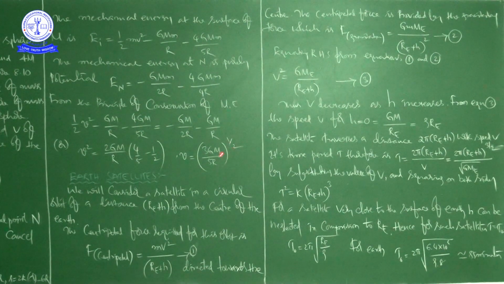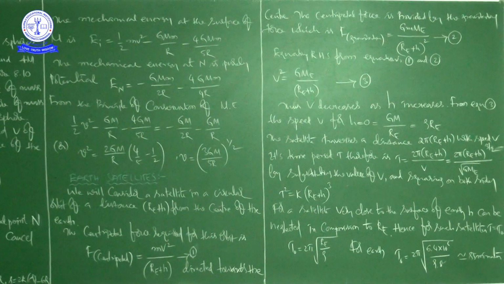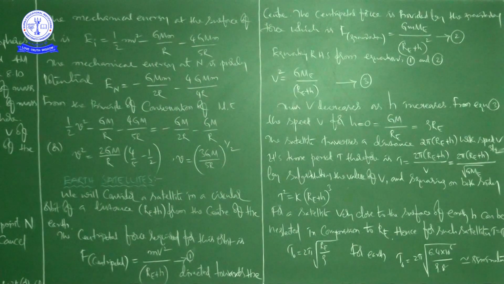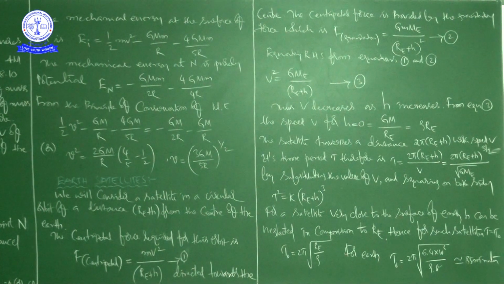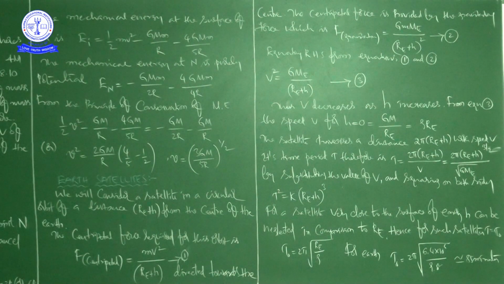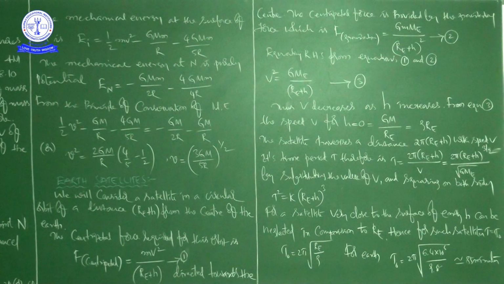Here is an important point to note down: the speed of the projectile is 0 at N, but is non-zero when it strikes the heavier sphere 4M. I will repeat once again, because this point is very important for us.